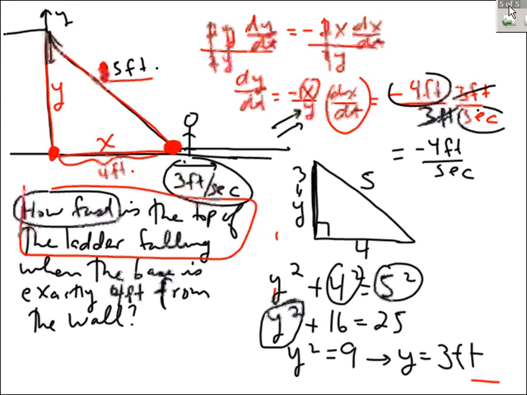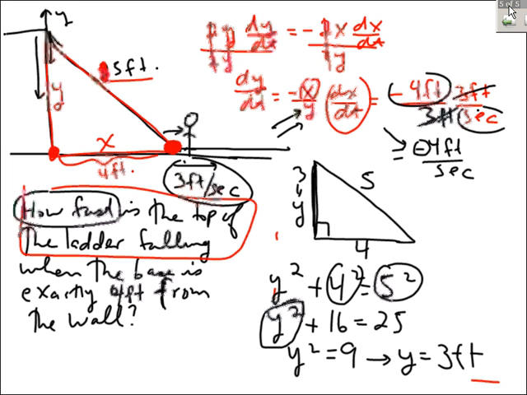Now, we can think about whether or not it makes sense. Why is it negative? Well, I hope that's very obvious. If you're pulling the base of the ladder to the right, then the ladder is falling. It's going down. Negative means down. The change in y is negative. It is decreasing.